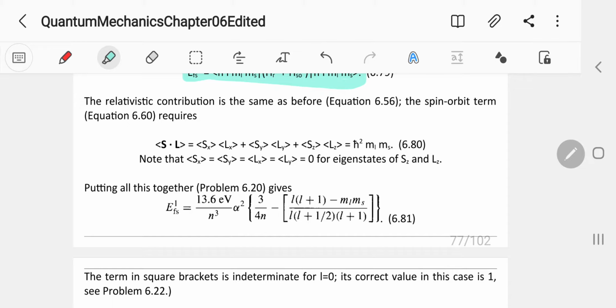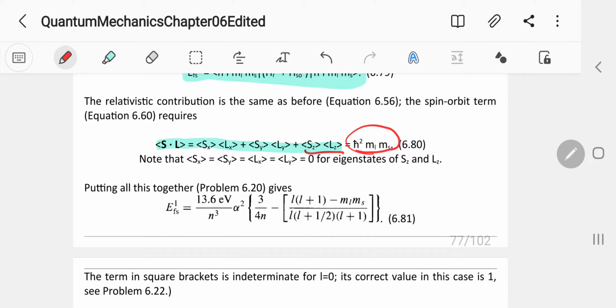So your S dot L would have to be just this term, and this one here is the expectation value of the dot product of S and L.